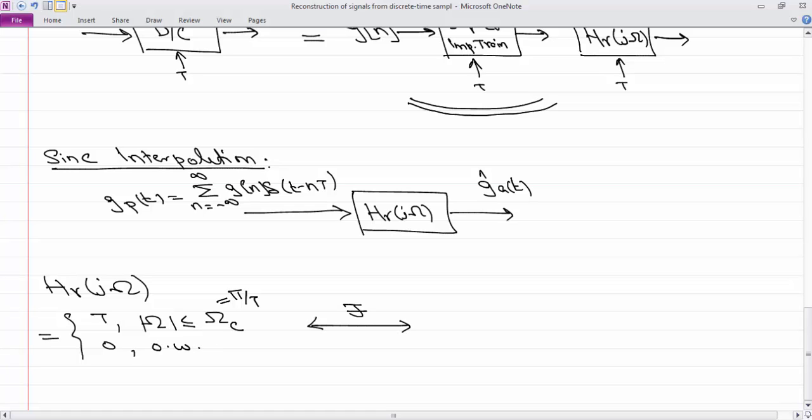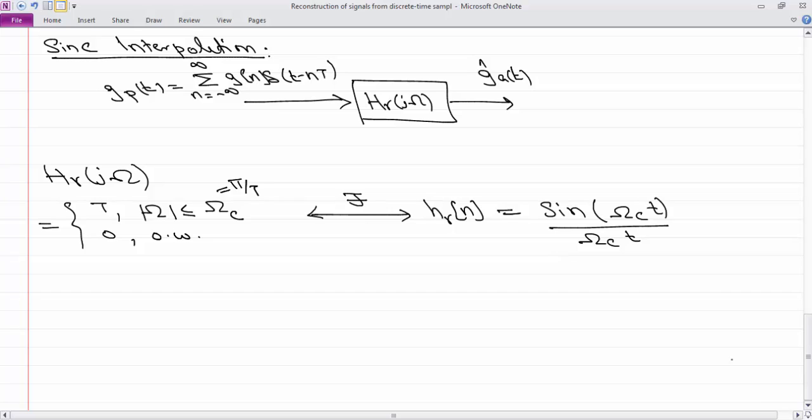This filter has an impulse response h_R(t); I'll write R to specify the reconstruction filter. So the impulse response of this low pass filter is sin(ω_c t), where ω_c is pi by T, over ω_c t, the sinc function. So let's now look at this operation of low-pass filtering in time domain.